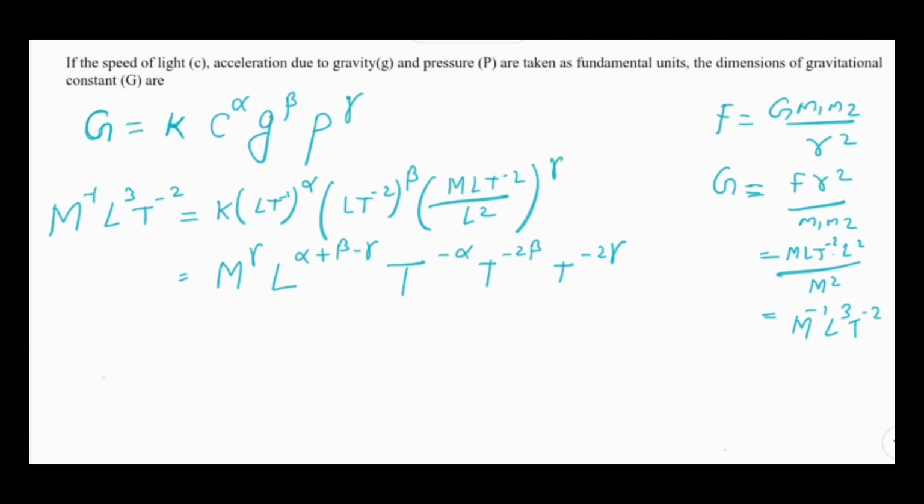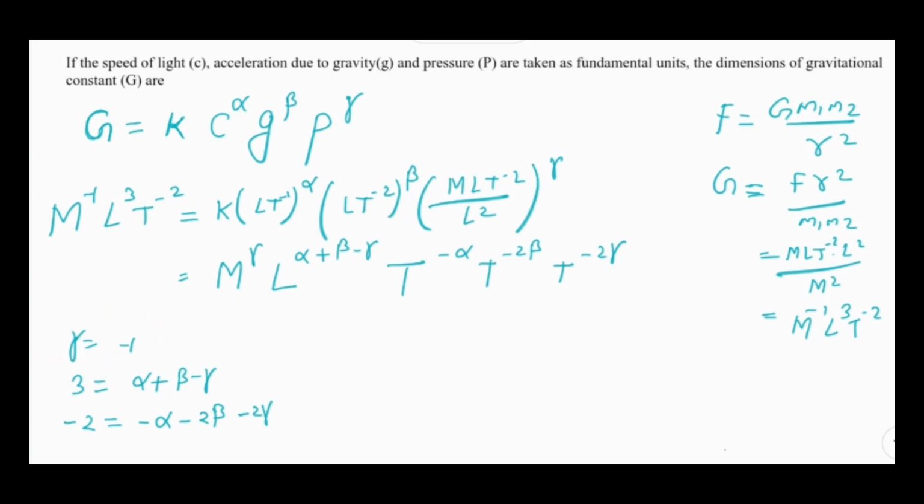So if you compare both sides, gamma should be equal to minus 1. The power of L is 3 on the left hand side, and it should be equal to alpha plus beta minus gamma. The power of time on the left hand side is minus 2, and on the right hand side it is minus alpha minus 2 beta minus 2 gamma. Solve these equations. By the first equation gamma is minus 1.